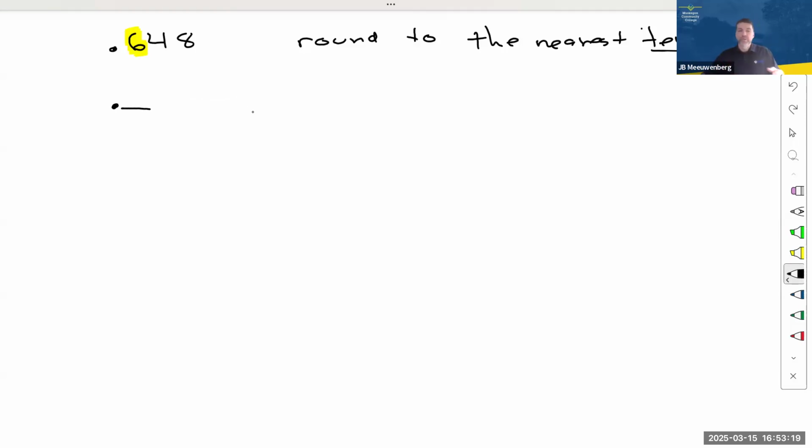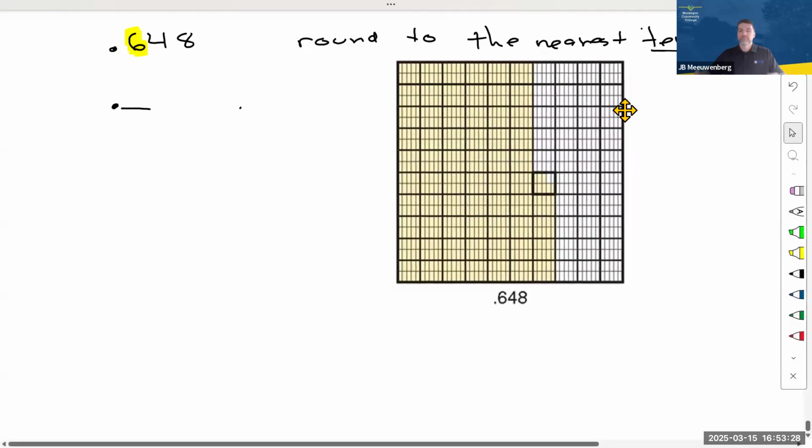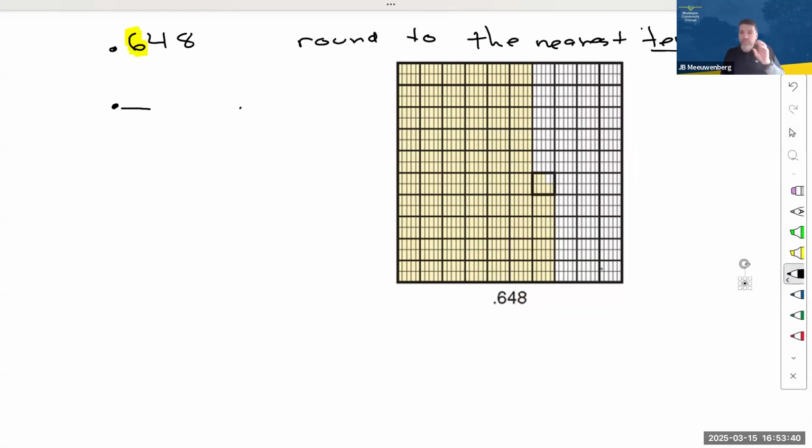When we round, we're really saying, what's it closer to? Here is what your manipulative piece, your decimal square, would look like for 0.648, or as you would say it properly, 648 thousandths. So we'd be using the thousandths place. So again, we have 1, 2, 3, 4, 5, 6 full columns filled in.